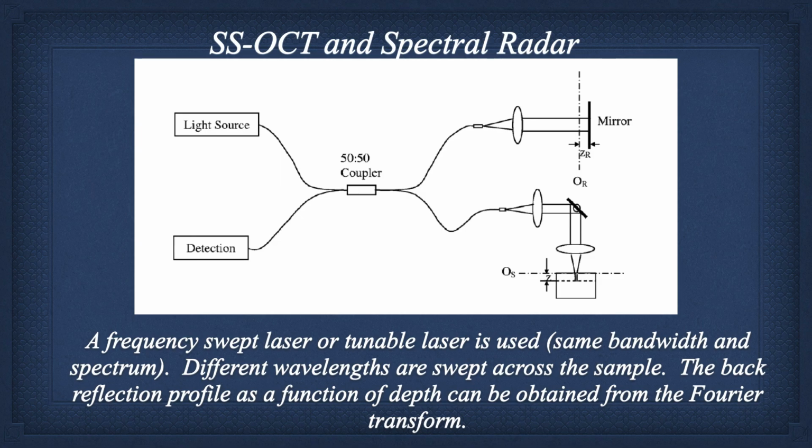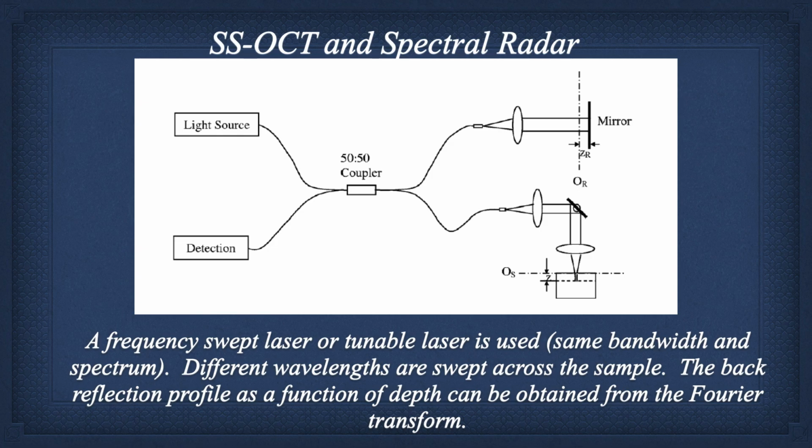It's just that you're doing it by sweeping across the frequencies. I'm going to explain it in terms of spectral domain. So let's just say we're firing the whole bandwidth down into our interferometer. It gets split, bounces off the mirror and bounces from within the sample.